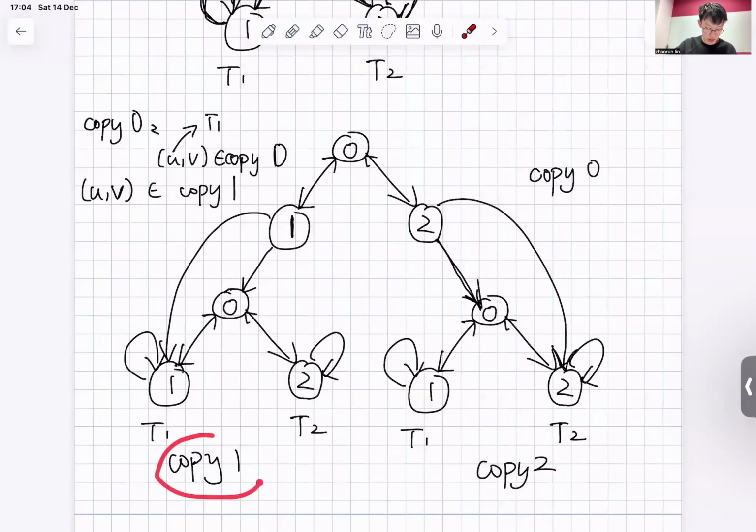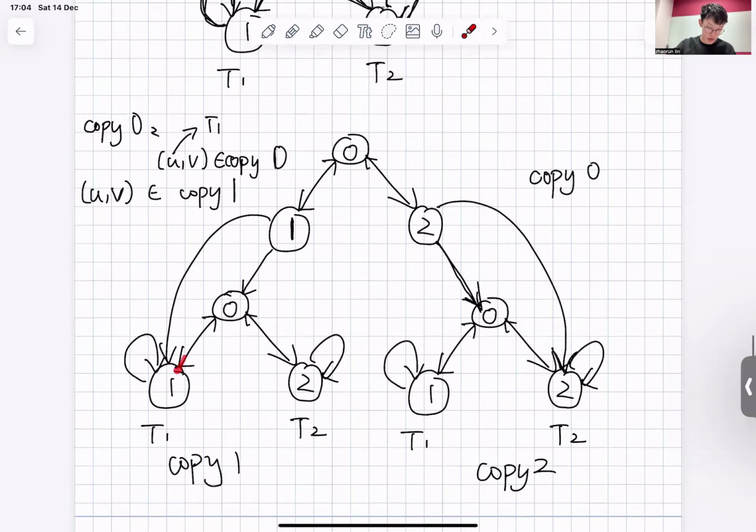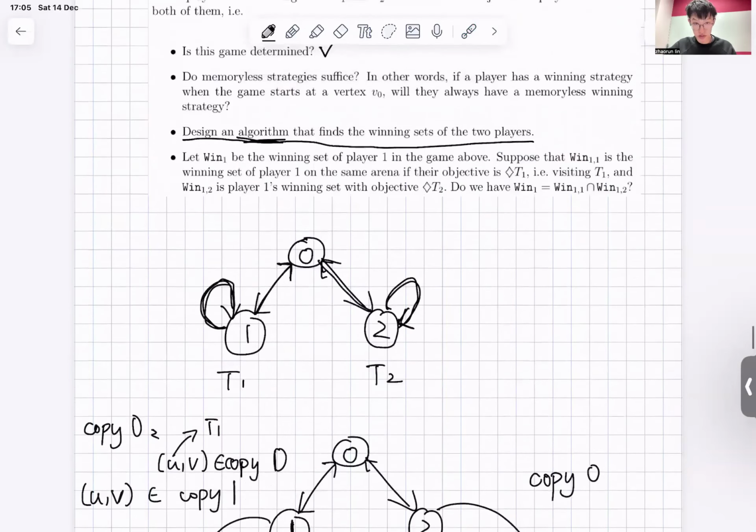In copy 1, it means that we have already visited a vertex in T1, and we are trying to visit a vertex in T2. And for copy 2, it means that we have already visited a vertex in T2, and we are trying to visit a vertex in T1. So this is the algorithm.